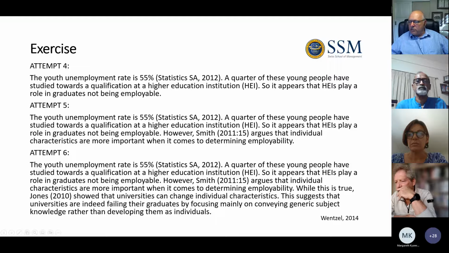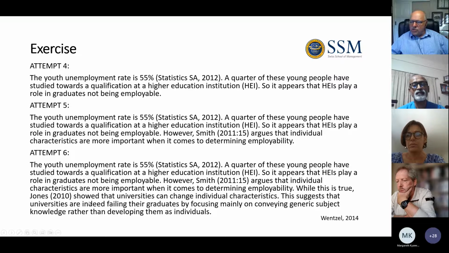It says the youth unemployment rate is 55%. A quarter of these young people have studied towards a qualification. So it appears that the higher education institutions play a role. You see, it's not an absolute statement. They play a role. It's not because of them that graduates study towards a qualification and do not become employable. However, Smith argues that individual characteristics are more important when it comes to determining employability.